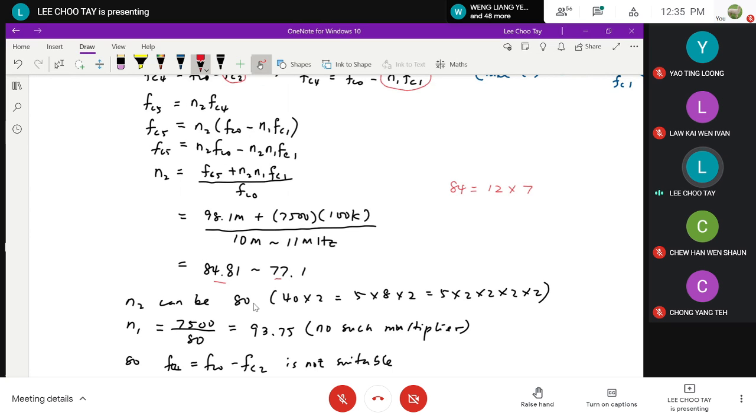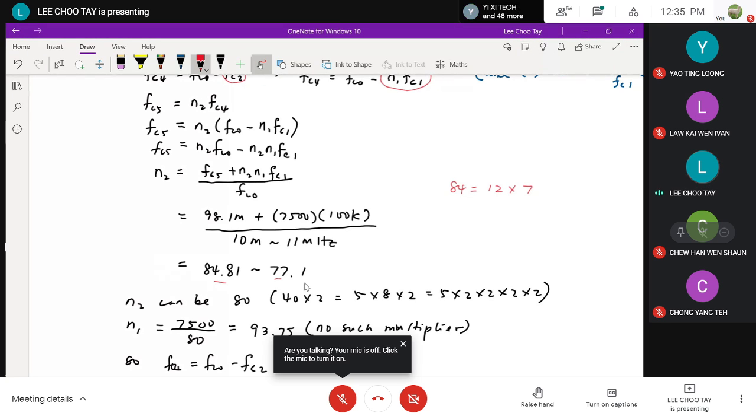That means your N2 can be any number between 84.8 and 77.1. Remember, we can use frequency doublers, triplers, and quintuplers, meaning we can times 2, times 3, and times 5.